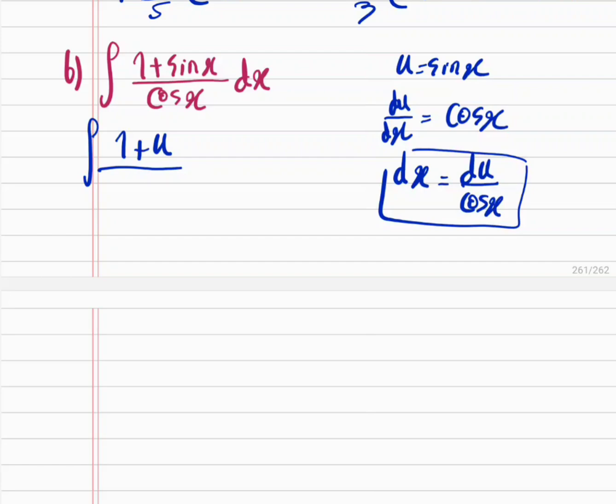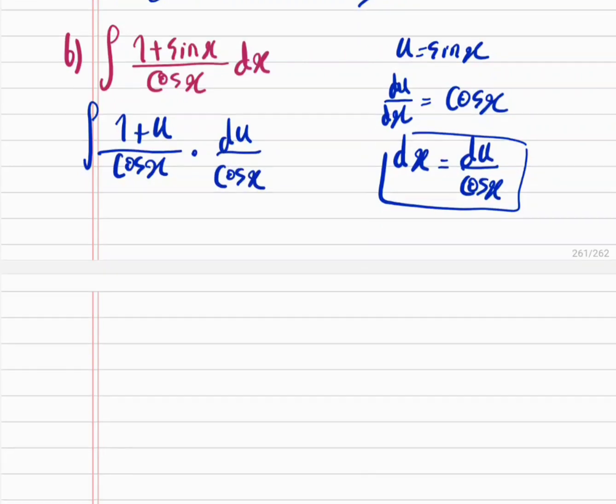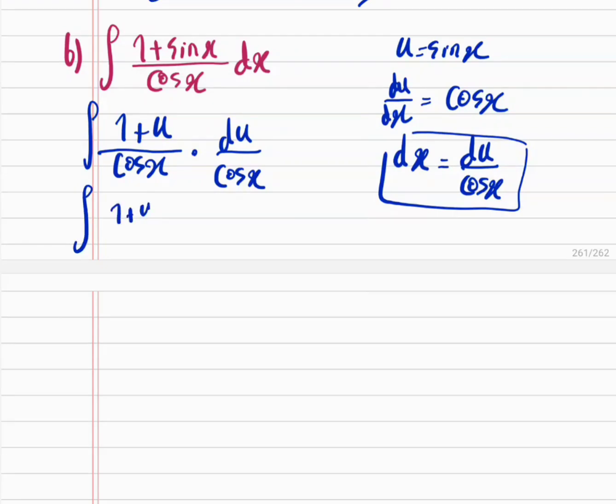Now in the denominator we still have cos x, and for dx we substitute du over cos x, and remember this is just multiplication. So for this part, we just simplify. We have (1 plus u) over cos squared x du, and remember that cos squared x can be written as 1 minus sine squared x.